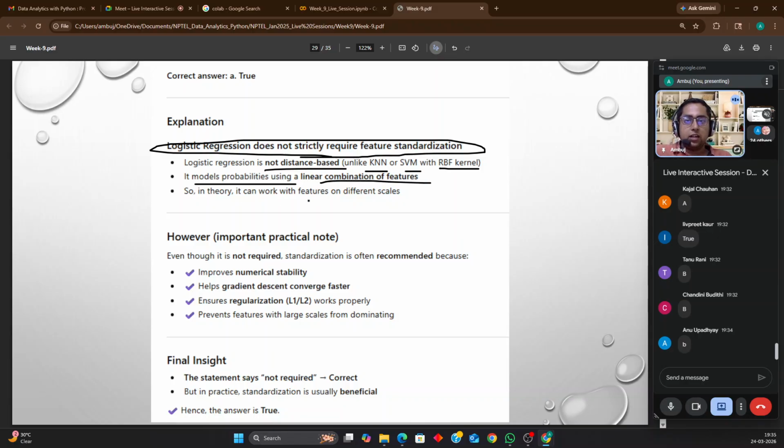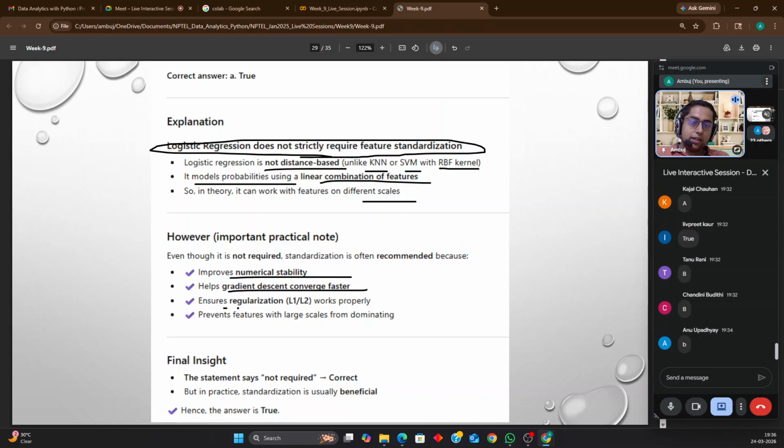So in theory, it can work with different features on different scales, but a practical note is that theoretically it is not required, but it is often recommended, because it improves the numerical stability. It helps the gradient descent converge faster.